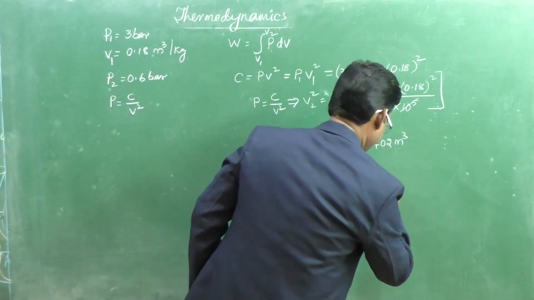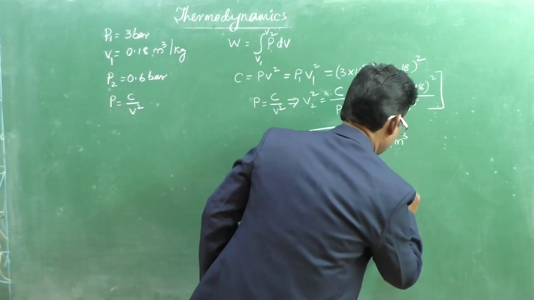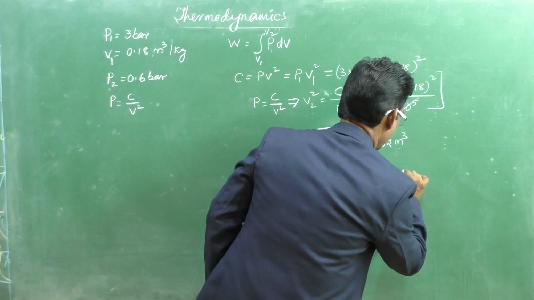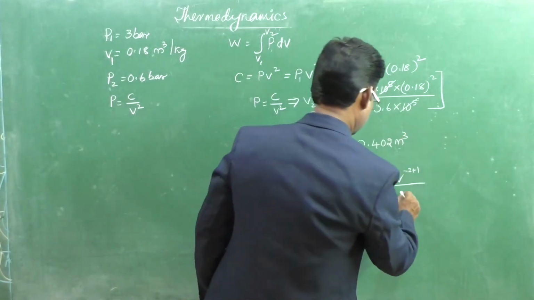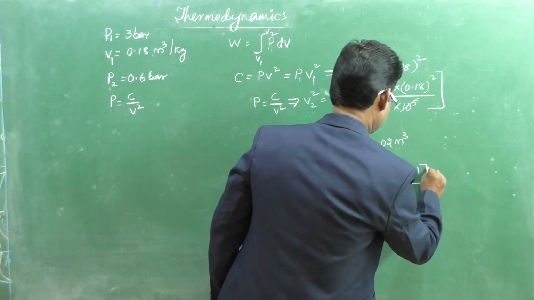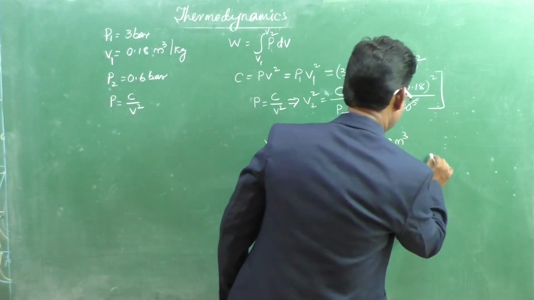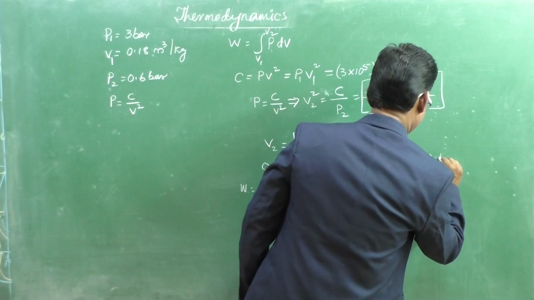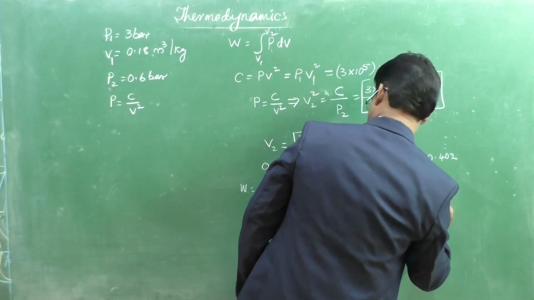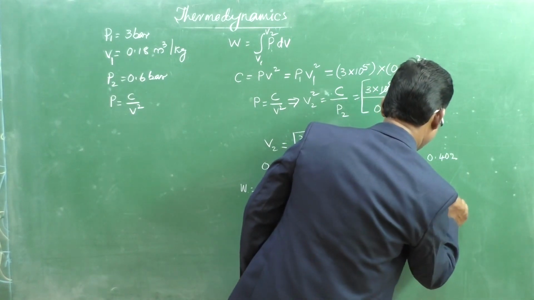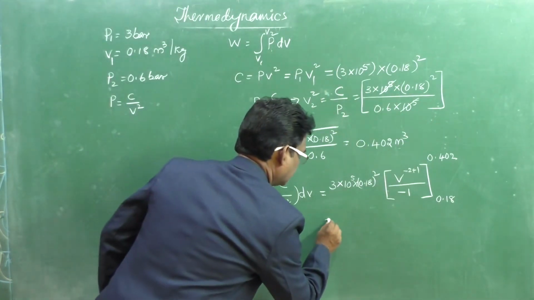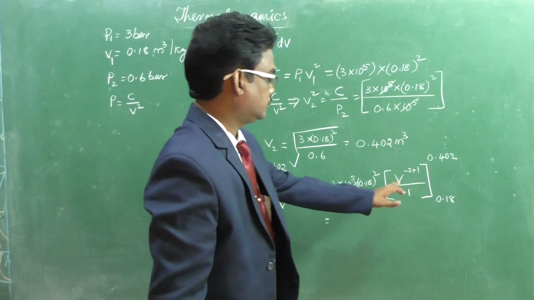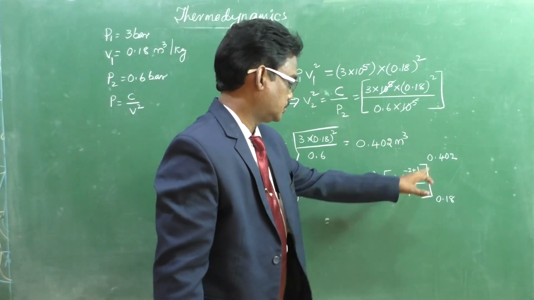That is equal to V to the power of minus 2 plus 1 divided by minus 1, between 0.402 and 0.18. Now you need to substitute those values.